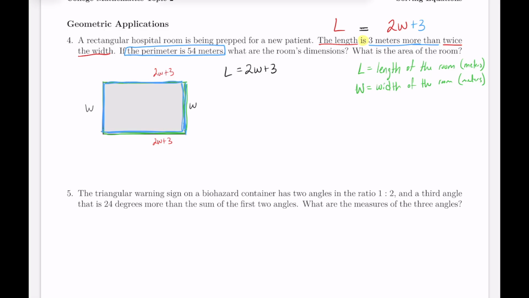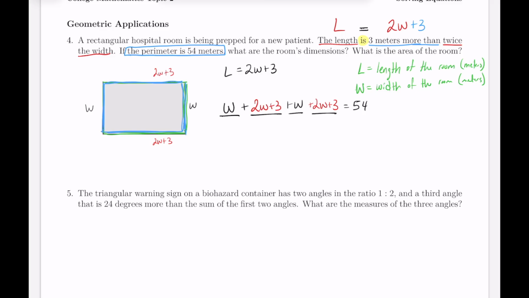I could just write those in one long equation: W plus 2W plus 3 plus W plus 2W plus 3, and the perimeter is 54 meters. There. Now I have all 4 side lengths of my room, and they add up to 54.